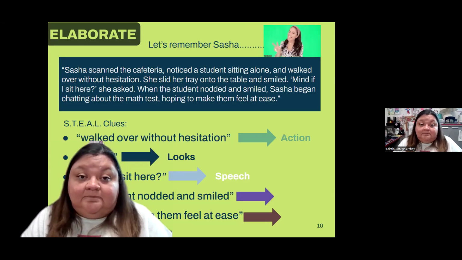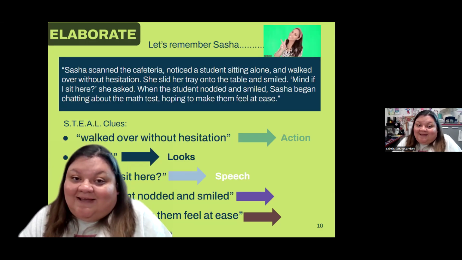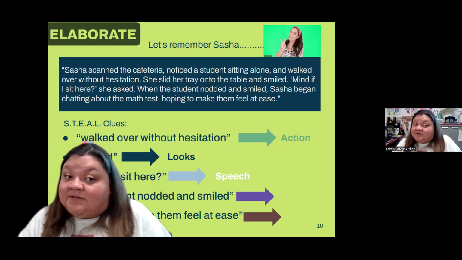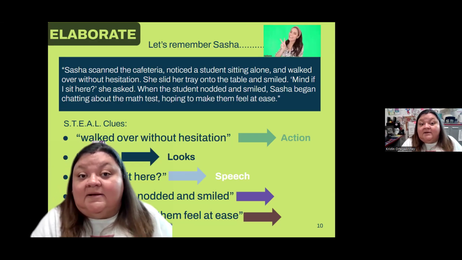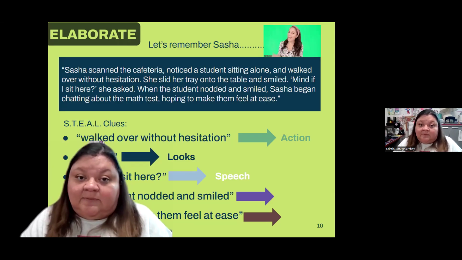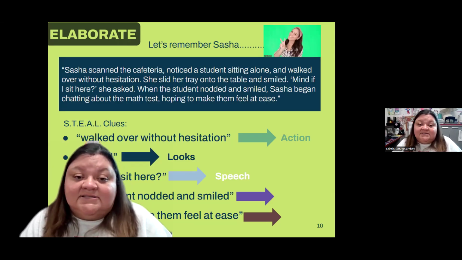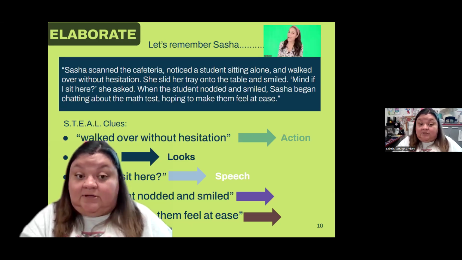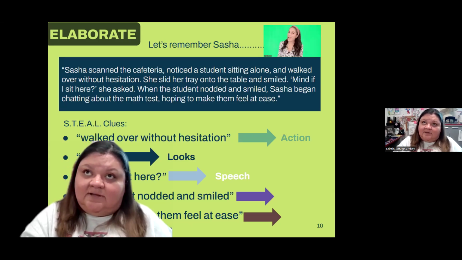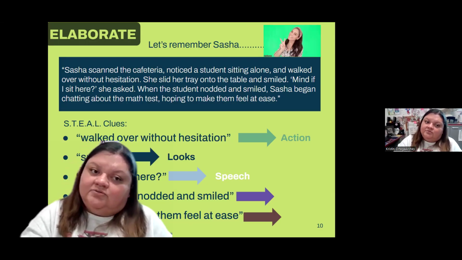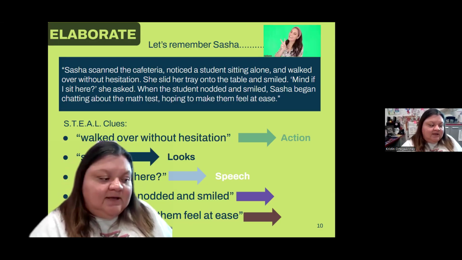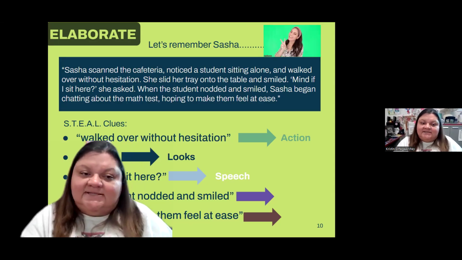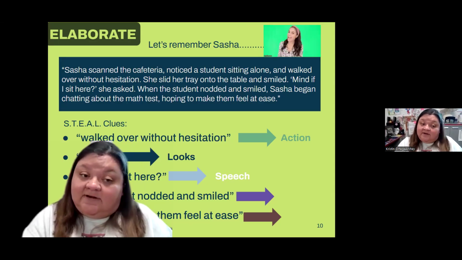Let's keep going. When the student nodded and smiled, now we're talking about the student. We're no longer talking about Sasha, so we're changing point of view a little bit. When the student nodded and smiled, Sasha began chatting about the math test. If Sasha had approached this student differently, not smiled, said something different, there may have been a different outcome.